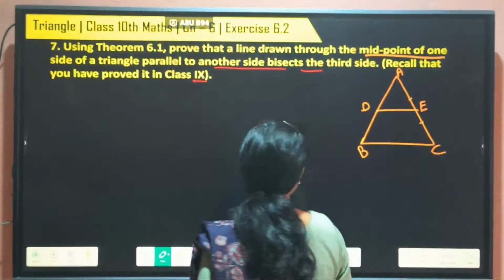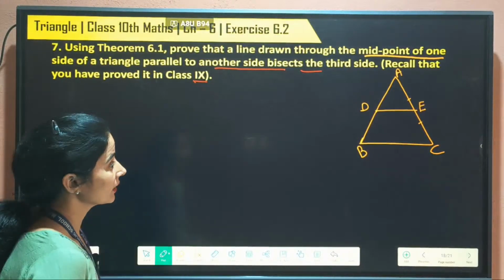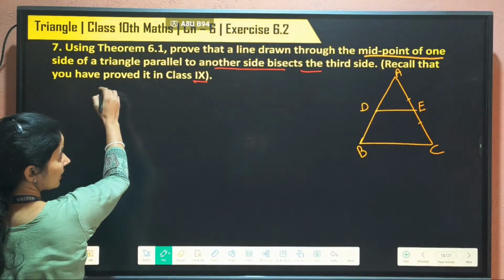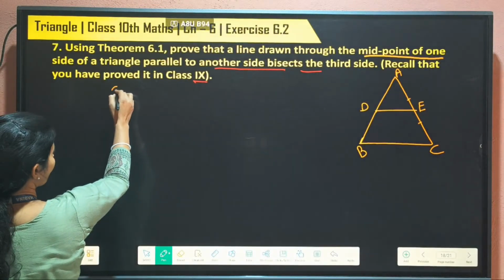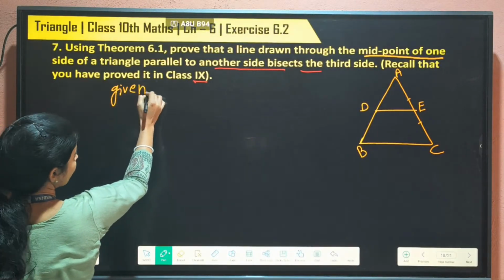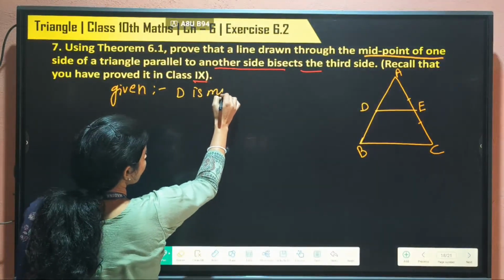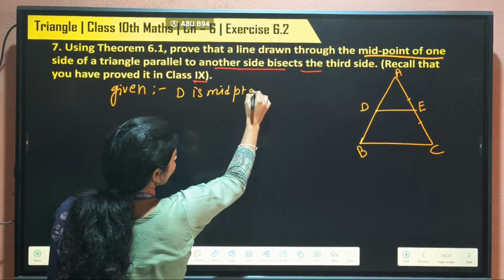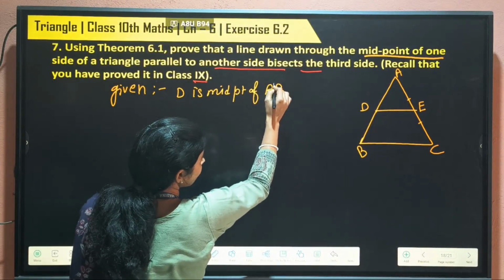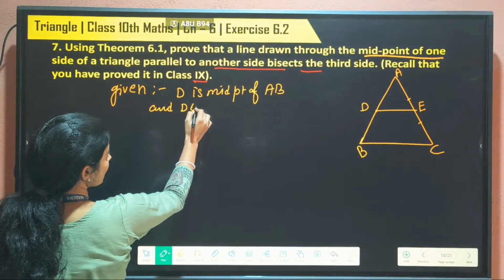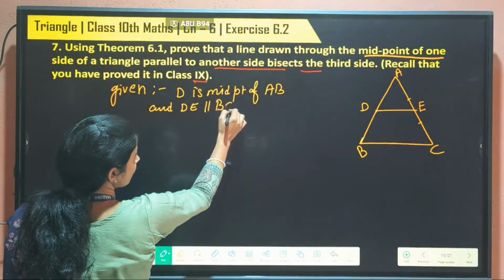That is, we have to prove AE is equal to CE. What is given? To prove this, you will write: given D is the midpoint of AB and DE is parallel to BC.